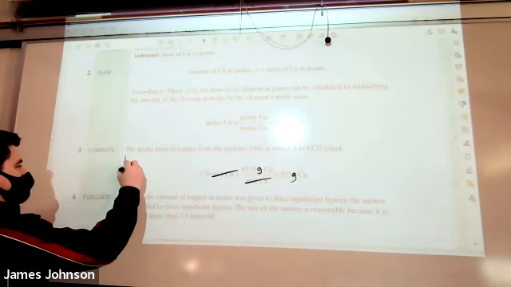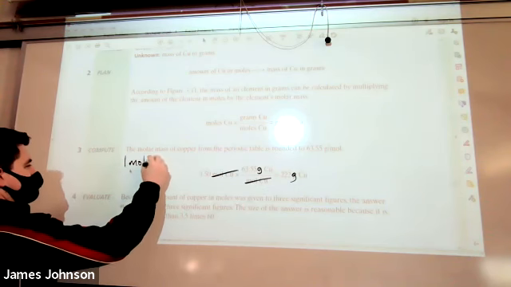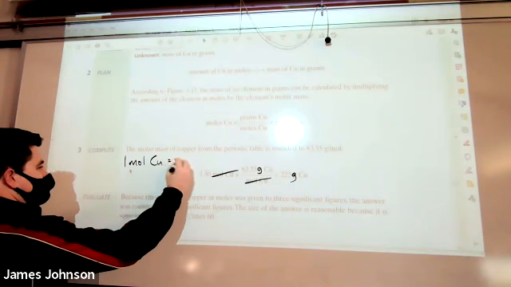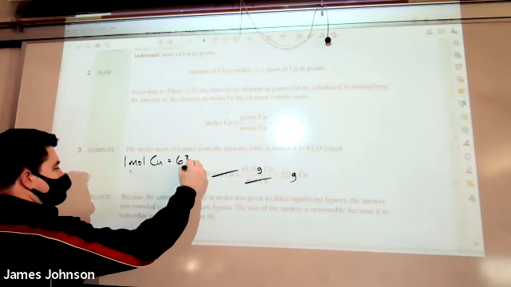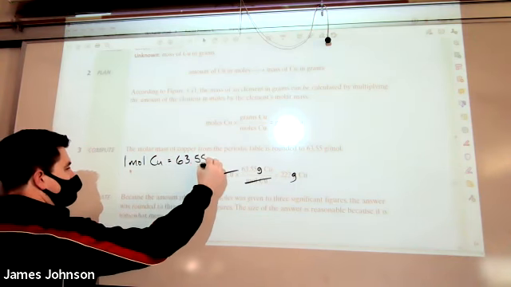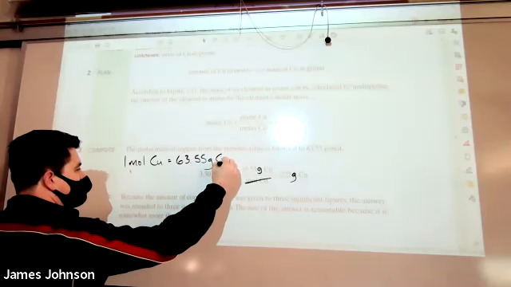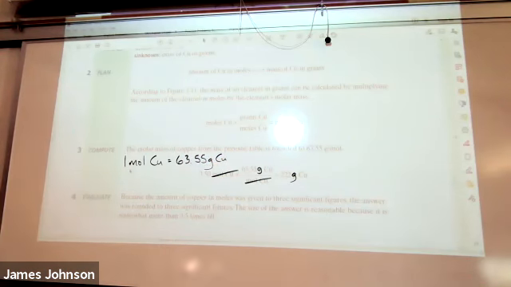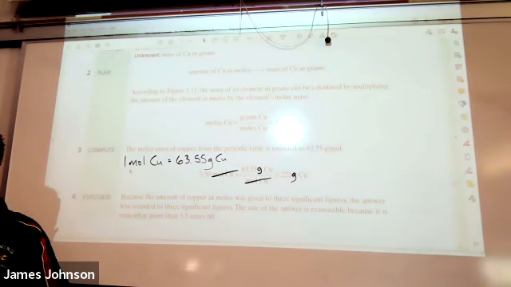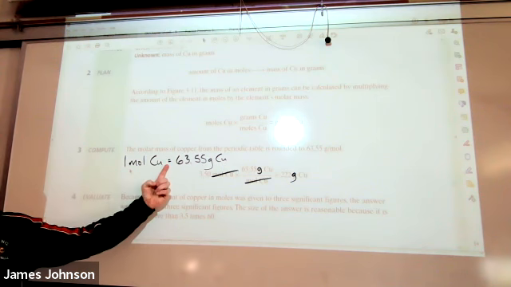That means that 1 mole of copper is equal to 63.55 grams of copper. That's called a statement of equality because these two things are the same. They're equal amounts of stuff. I'm stating that they're equal.